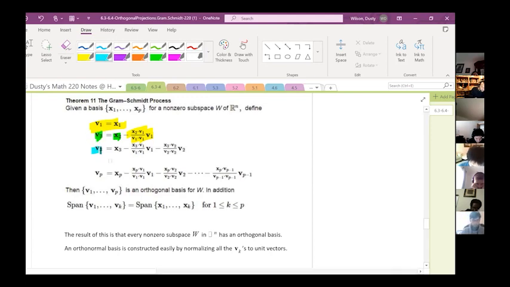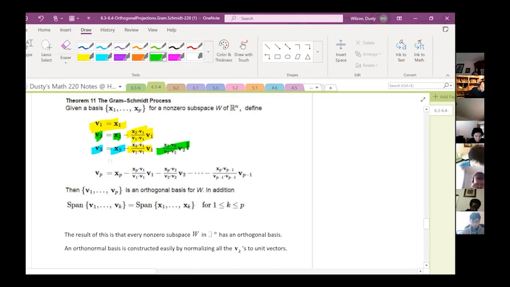And your V3 says take your new vector X3 and subtract all the bad part that's in line with the yellow one, subtract out all the bad part that's in line with the green one, and that'll give you your V3.